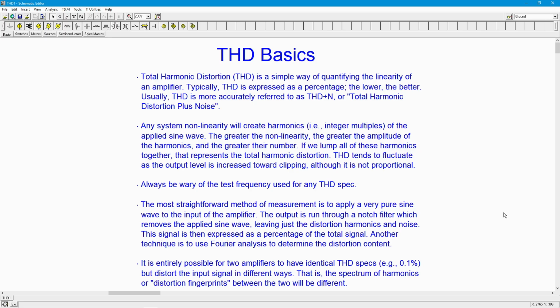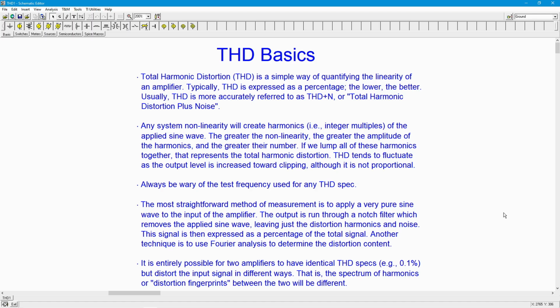The thing about the THD spec is there are a lot of variables going into it. The greater the nonlinearity, yes, the worse the number, but how does it get worse? How does it increase? Basically, you get more harmonics, and the harmonics are at higher amplitudes. And the key here is the T in THD. T is total.